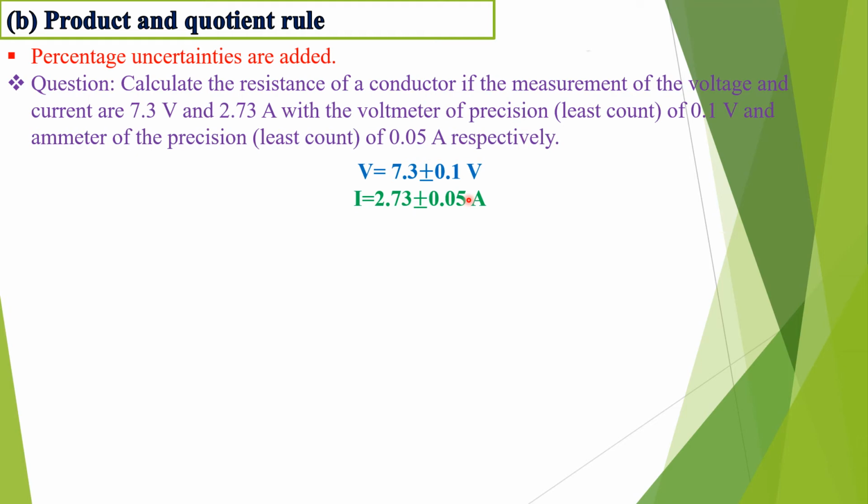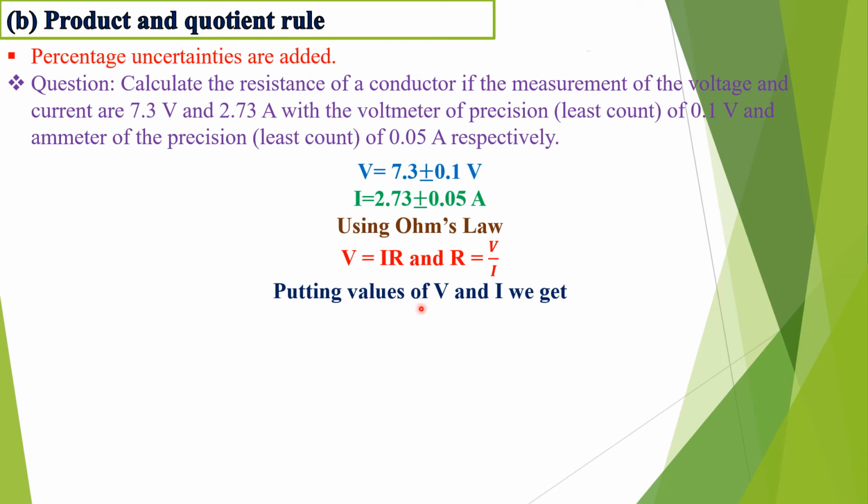From the question, we have to calculate the resistance of a conductor. By using Ohm's law, V is equal to IR and R is equal to V upon I. Putting the values of V and I, we get R is equal to 7.3 divided by 2.73, which is equal to 2.7 ohm. 2.7 ohm is the measured value of resistance, but we know that for writing the final answer, we write the measured value with uncertainty in that.